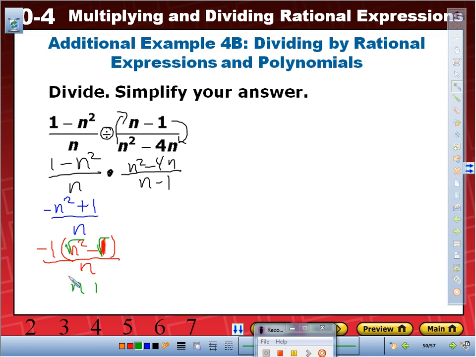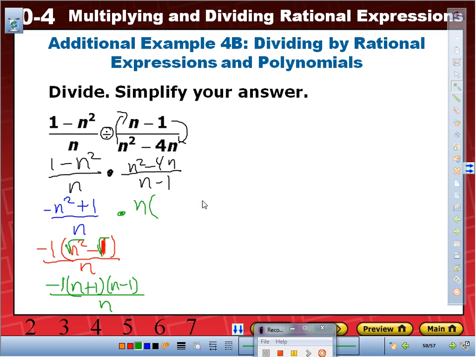If it's a difference, therefore this is n plus 1, n minus 1. Our GCF was negative 1, and all of that over n. Can I simplify any more here? No, we're done with that one. Now I'm going to focus on my second fraction. Let's see. GCF for the numerator.